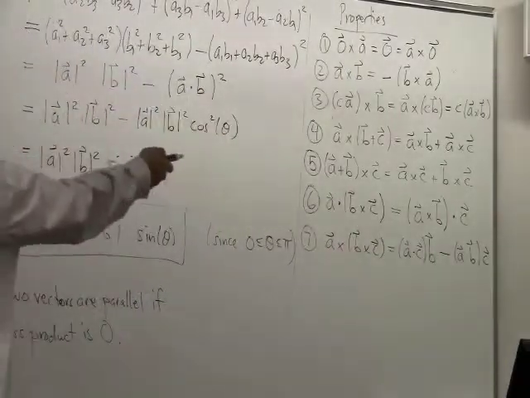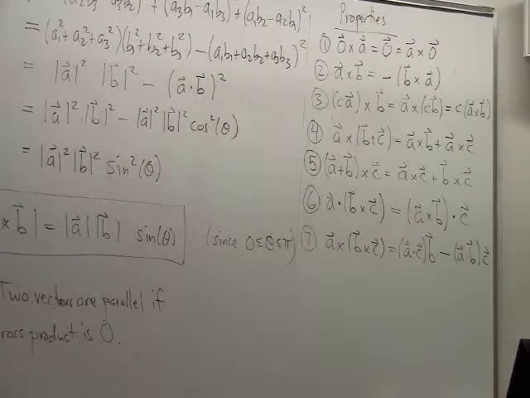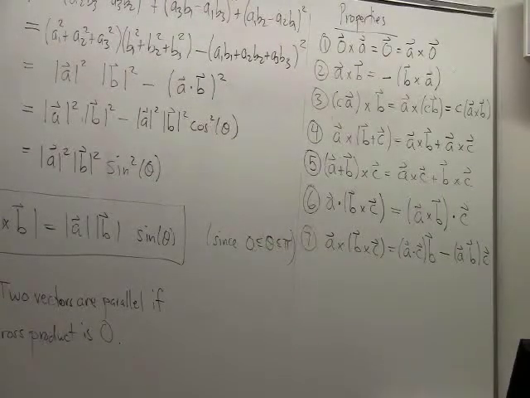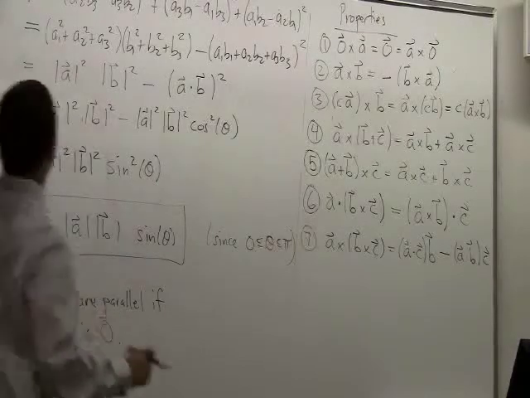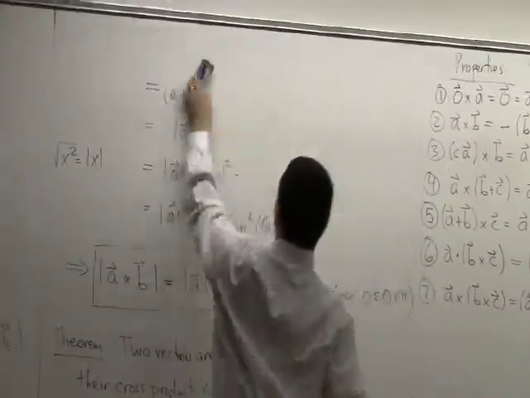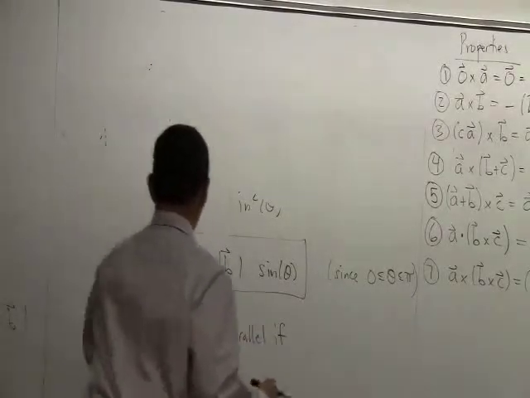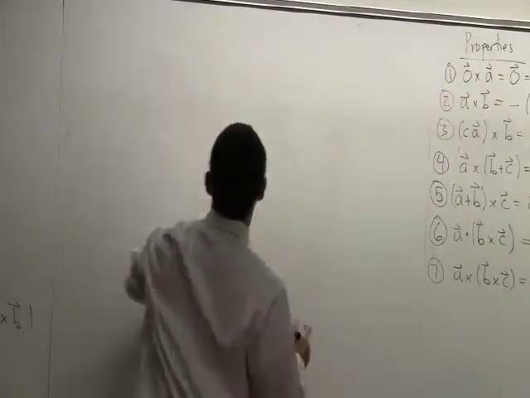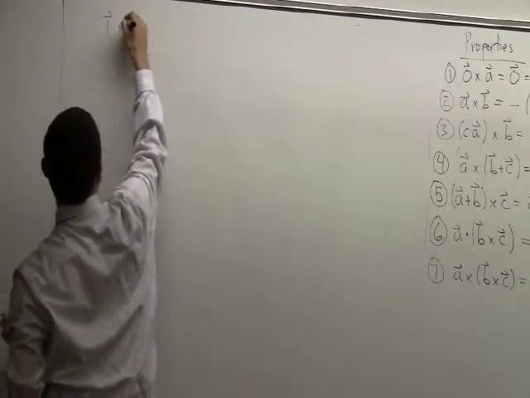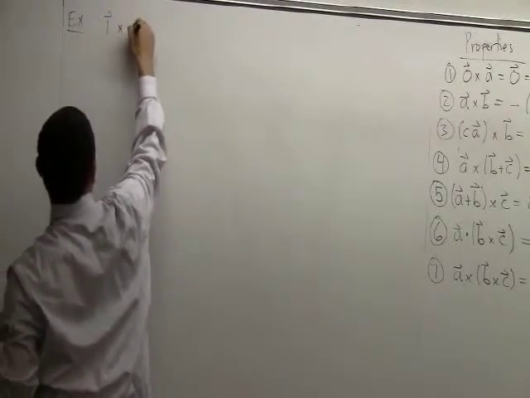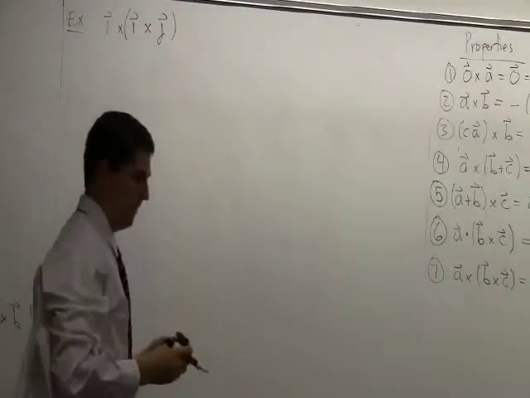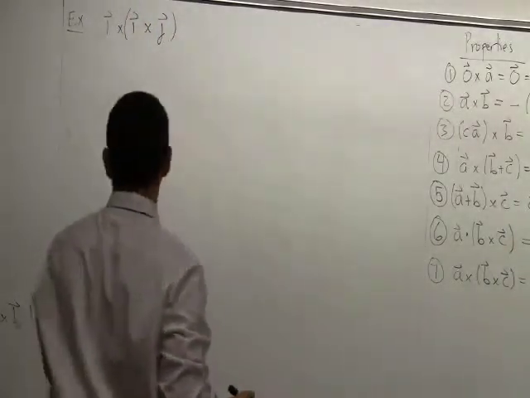So let's test if that associativity condition works for the stuff we did over here. So here we had I cross J. So we already computed this.